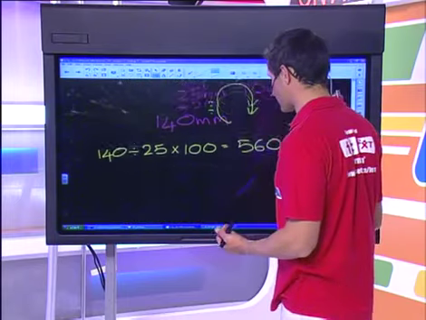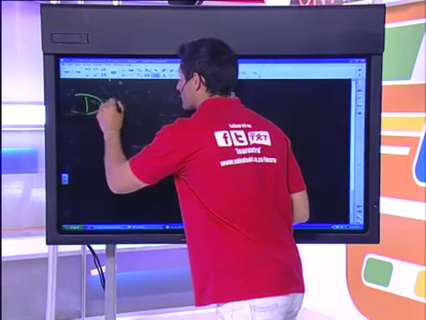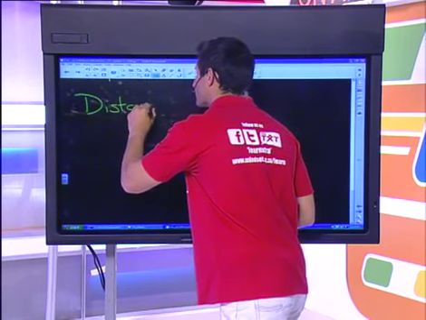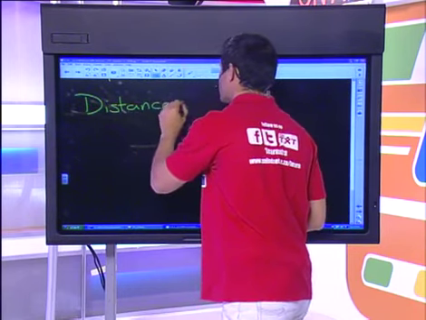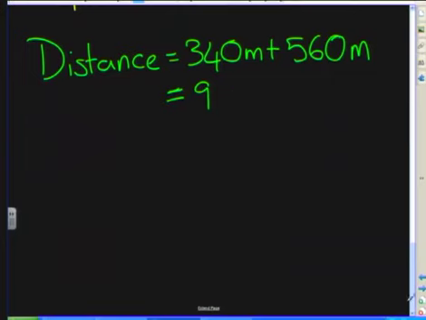My distance, which I traveled, and I emphasize that word, is a combination of those two. My distance was equal to 340 meters down the one street, plus 560 meters, which we found down the next street when we turned left. And if you take a look at that, we moved a total of 900 meters.